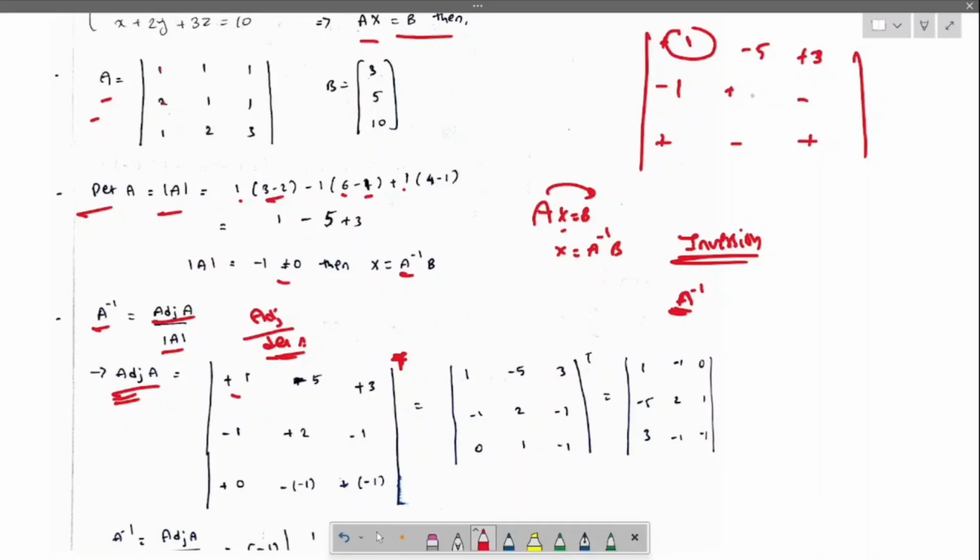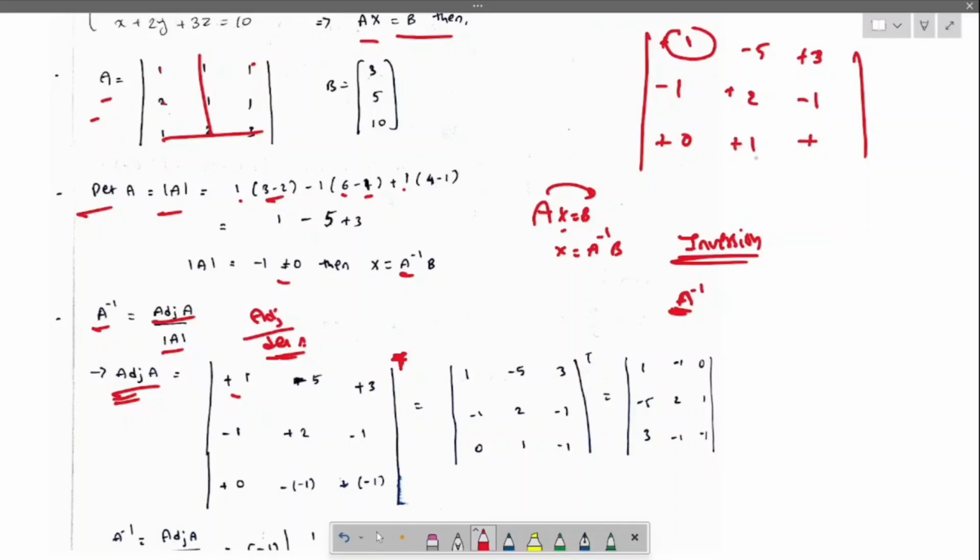Now ignore in this format, you get 2 minus 1, which is 1. Now for this, 1 minus 1, which is 0. Now for this you need to ignore like this: 1 minus 2, which is minus 1.